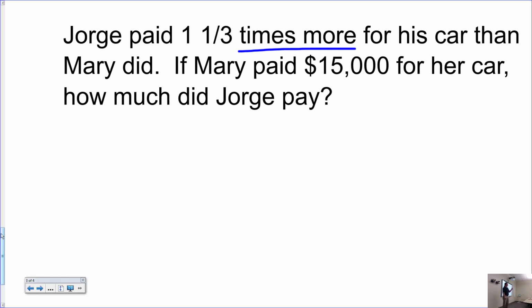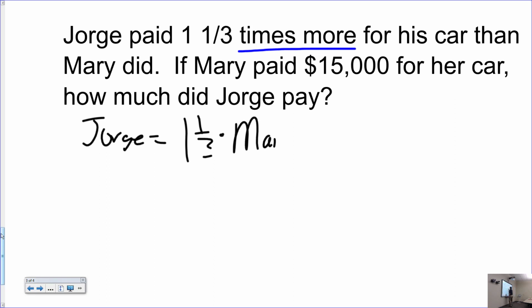This is why this is more of an English question than it is a math question, right? The math is not overly complicated, but it's the English that says, well, should I add or should I not add at the end? And that's where you look for the math words to tell you which one to do, right? So, here, Jorge equals 1 1/3 times Mary plus Mary, because it's 1 1/3 times more.